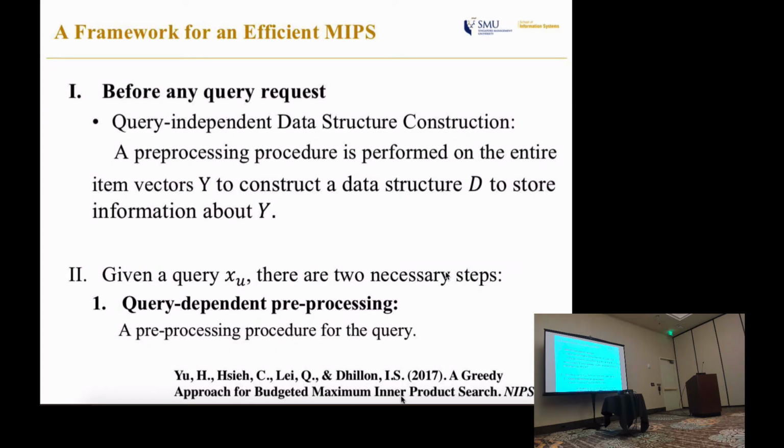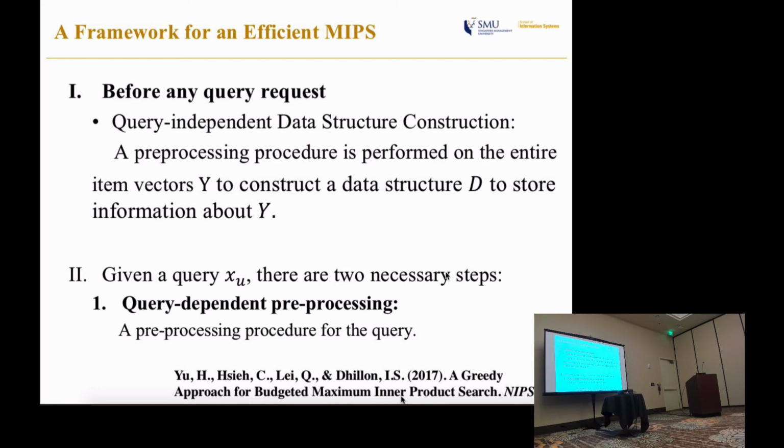So what we can take away from this is a framework for efficient maximum inner product search. Basically, it has two steps. The first step is before any query request, you construct data structures that process the data vectors. You store all the information about the item vectors in these data structures. And by the time you do the retrieval, in which you have the query executed, there are two necessary steps.